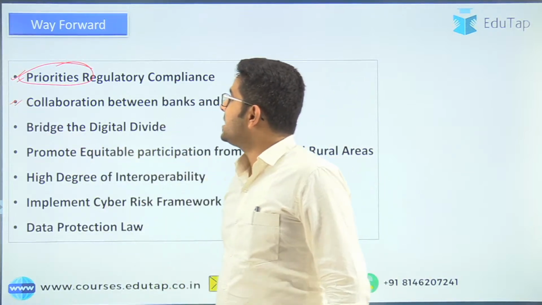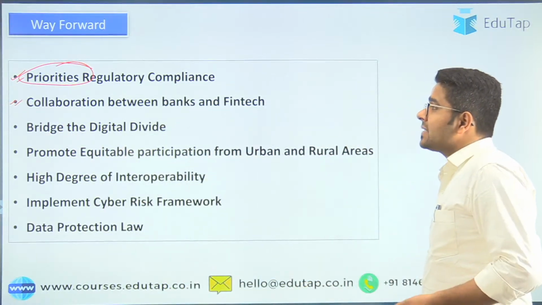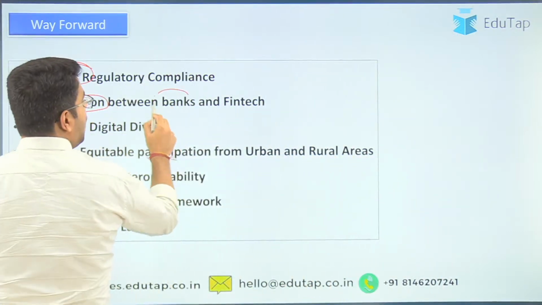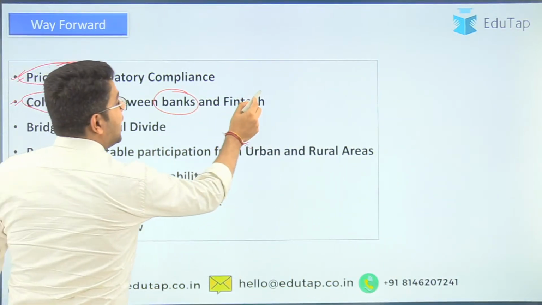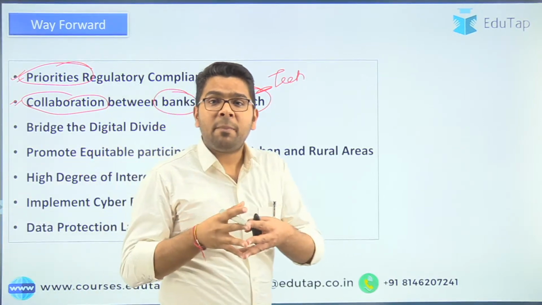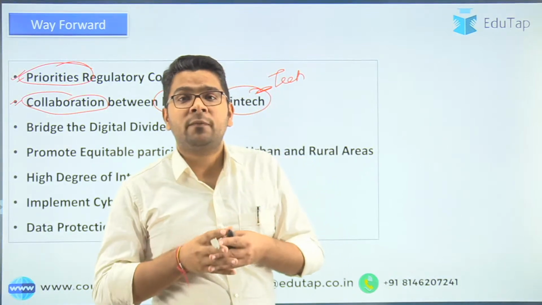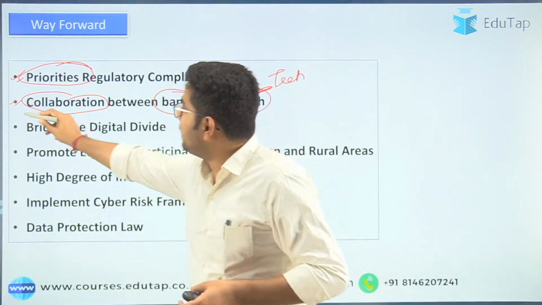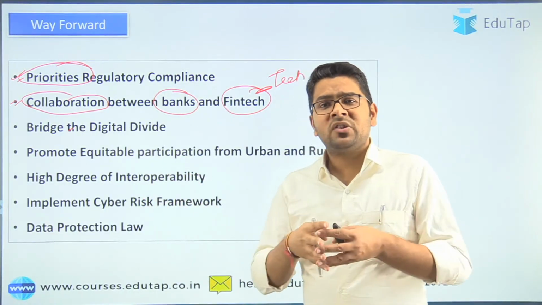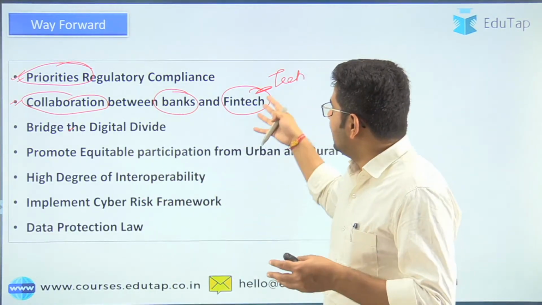Then coming to the next one, collaboration between banks and fintech. Here banks are offering the products and fintechs are offering the technology. So make a partnership between the two and use the best of the two. Similarly for the insurance, you can say collaboration between the insurance sector and the fintech.